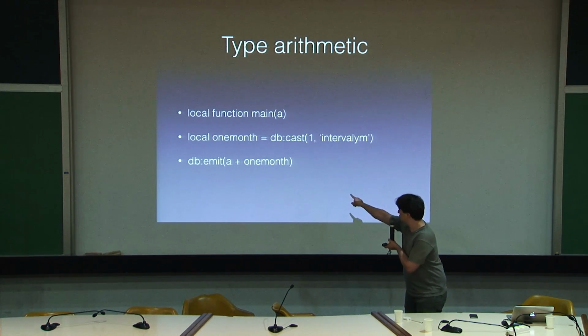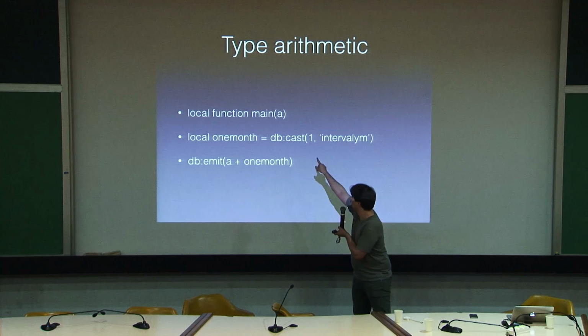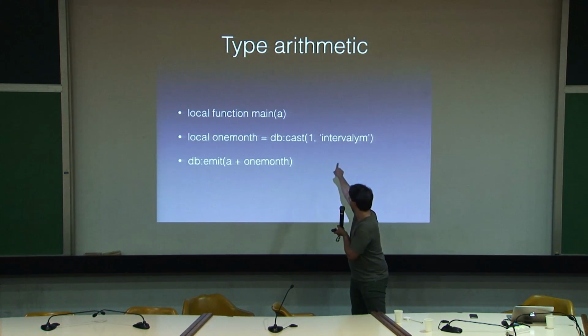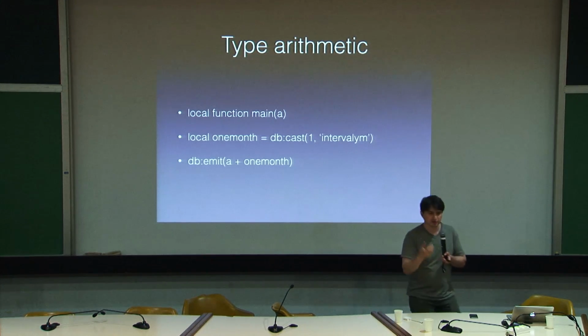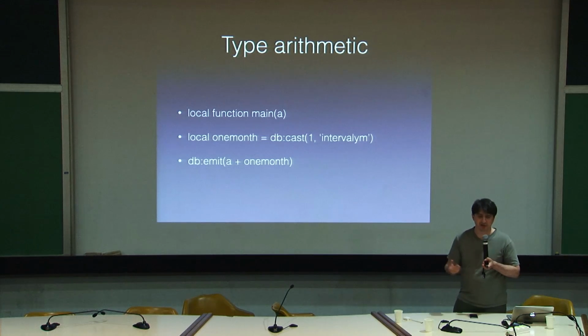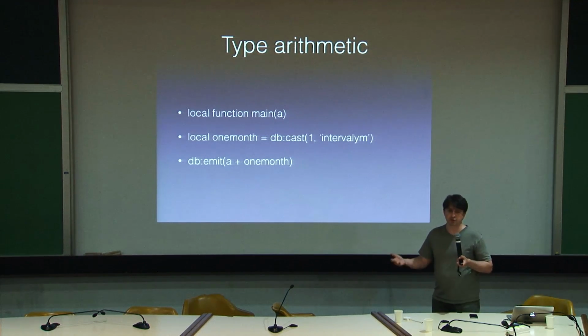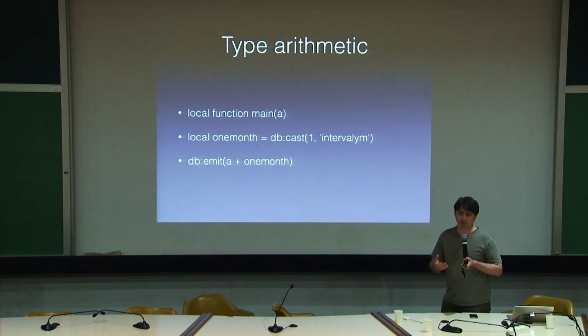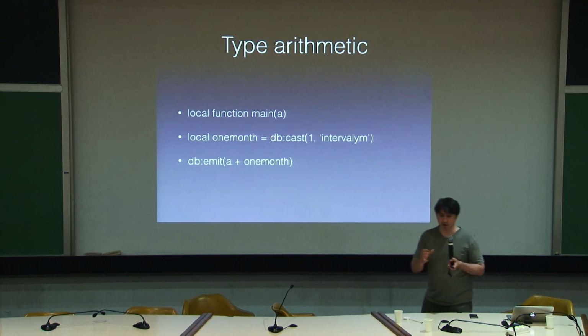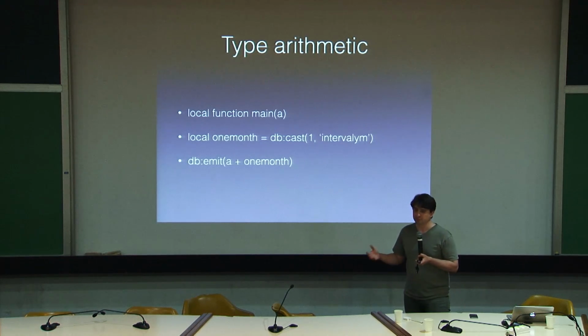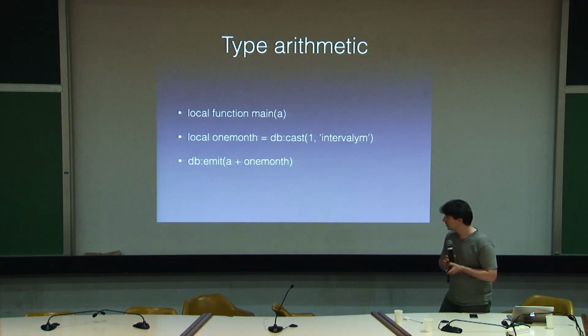This is valid date time arithmetic. If that were a date time and that's an interval, you could take today's date, pass in now, and add a month. That's something you would do in SQL. So we tried to take all the expressive arithmetic abilities that exist in SQL and let you do the same maths in Lua.